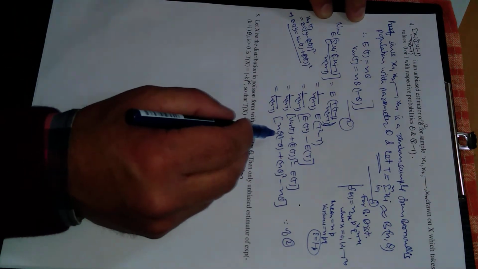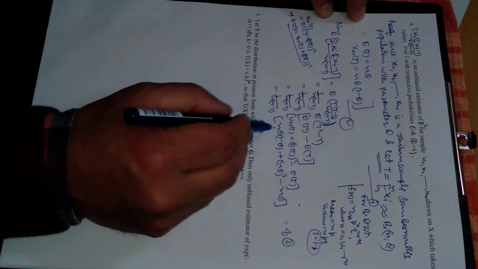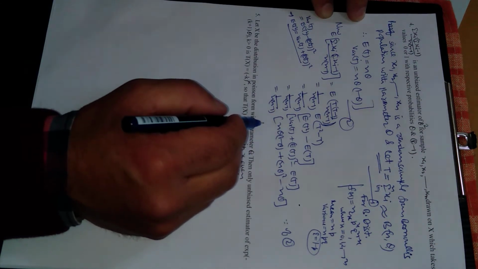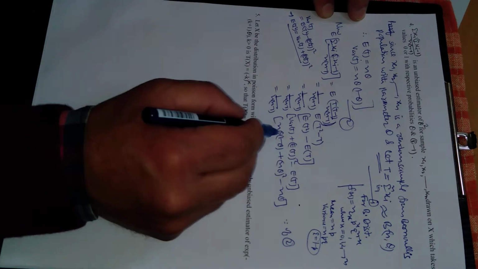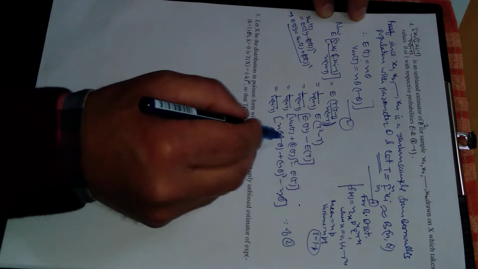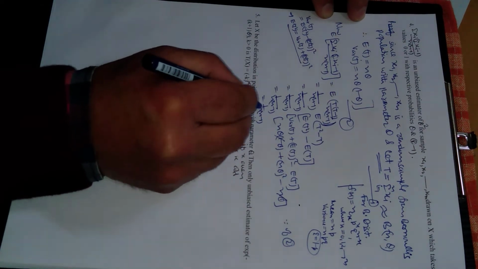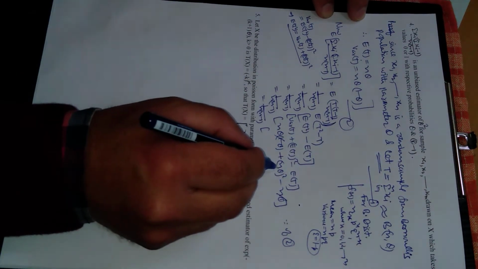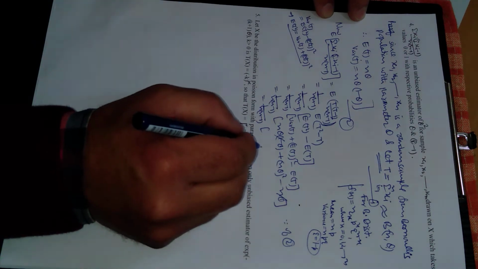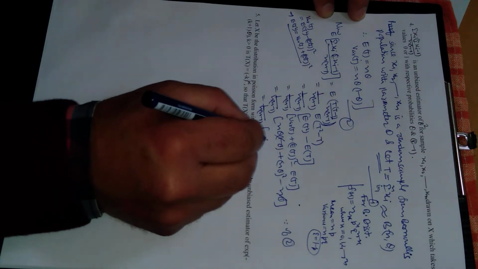So n theta minus n theta square, this is n theta, and this n theta cancels. So what we are left with is n minus 1. Here is n square theta square. So this will be n square theta square. So what is common here?